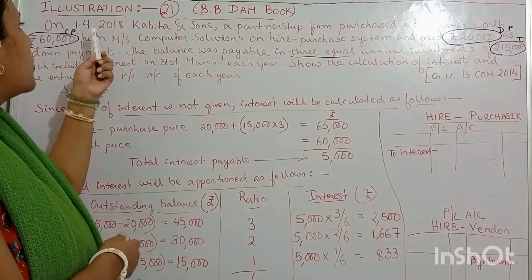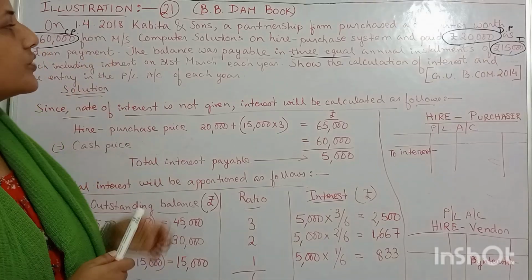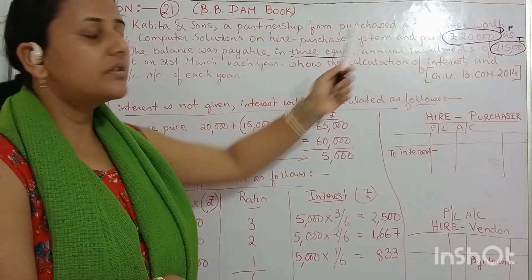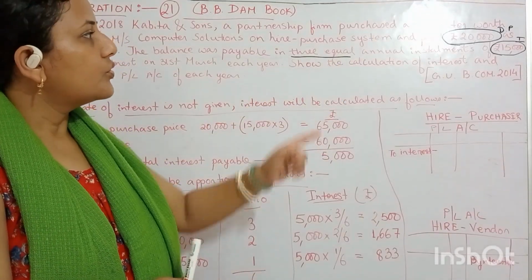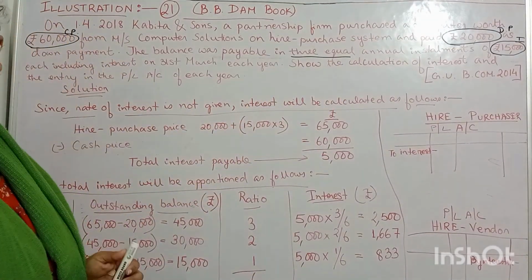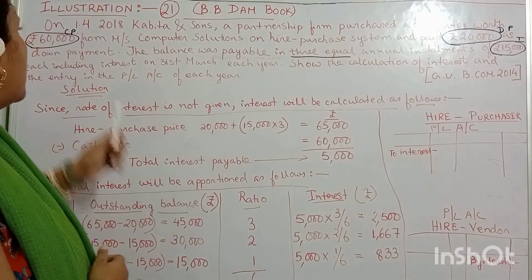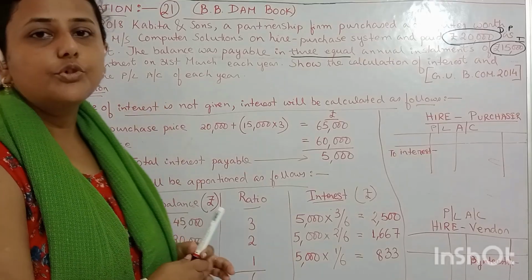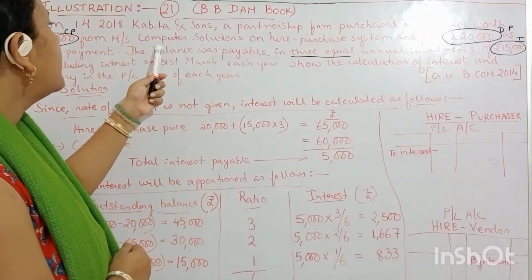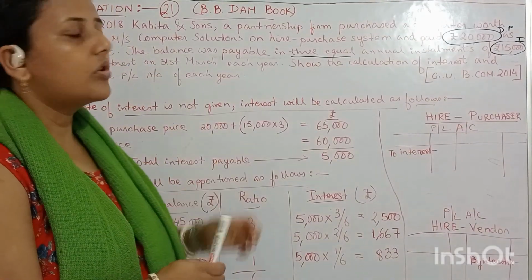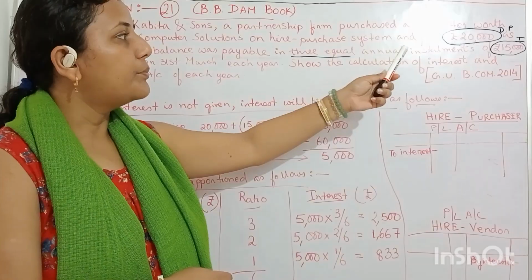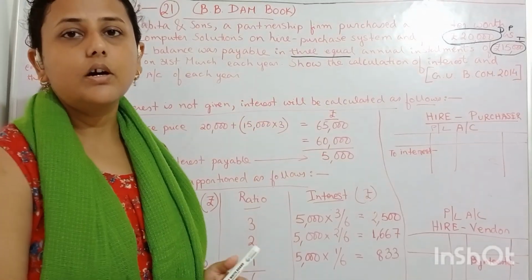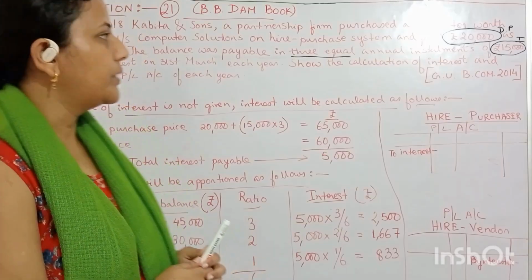On 1/4/2018, that is April 2018, Kavita and Sons, a partnership firm, purchased a computer. What is the cash price of the computer? It is rupees 60,000 from Messrs Computer Solutions, who is the hire vendor, on the hire purchase system, and paid rupees 20,000 as down payment.